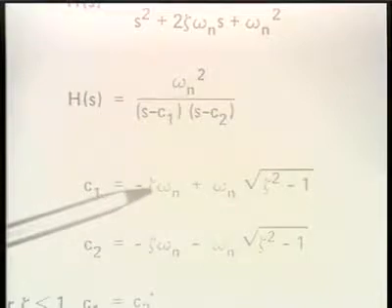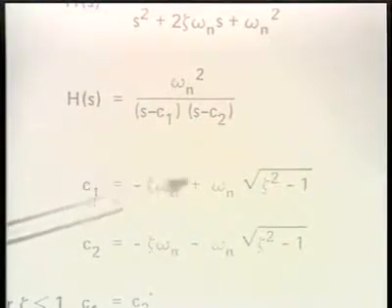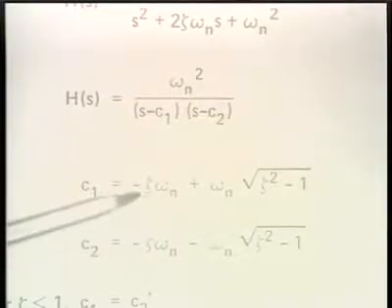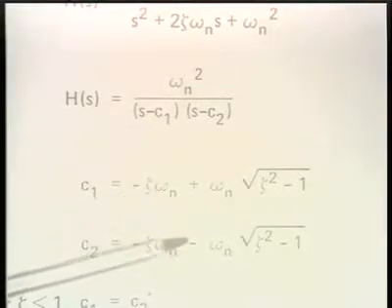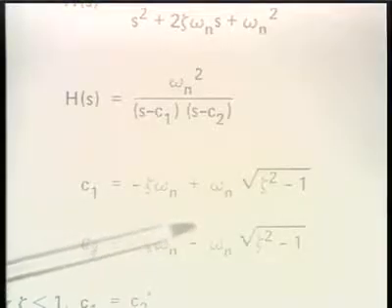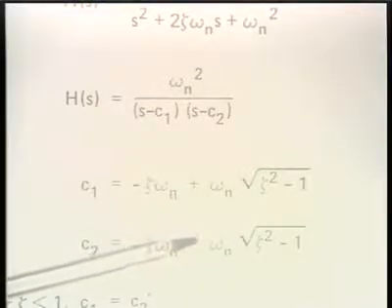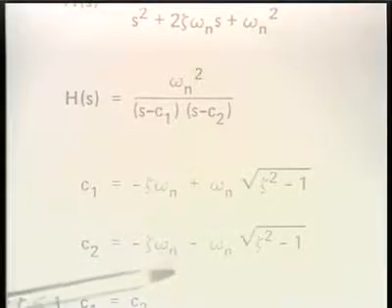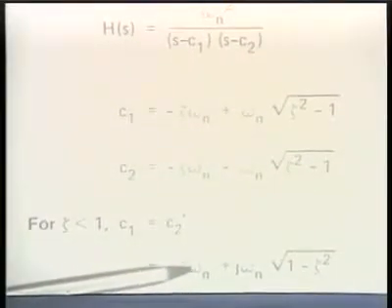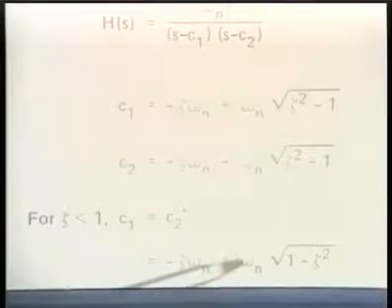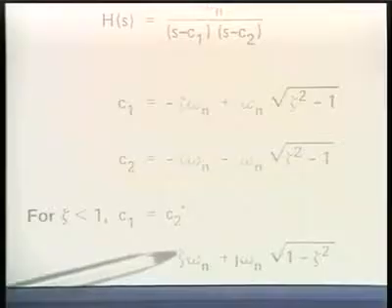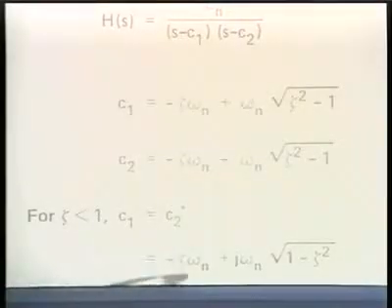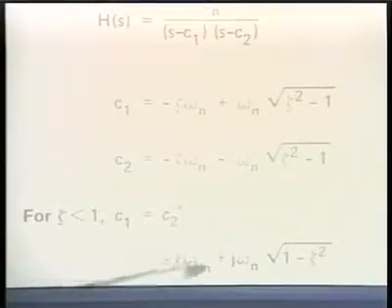And so the two roots then have a real part, which is given by minus zeta omega sub n, and an imaginary part, if I were to rewrite this and then express it in terms of j, or the square root of minus 1, looking below, we'll have a real part, which is minus zeta omega sub n, an imaginary part, which is omega sub n times this square root. So that's for zeta less than 1, and for zeta greater than 1, the two roots, of course, will be real.